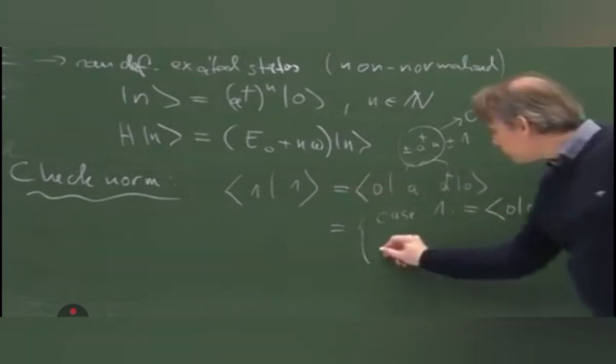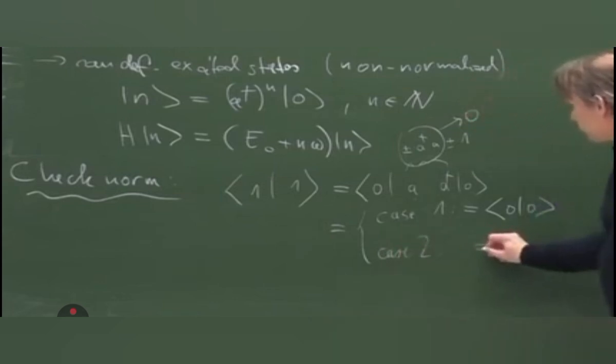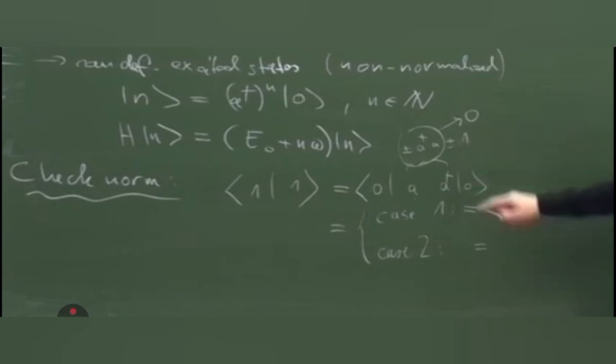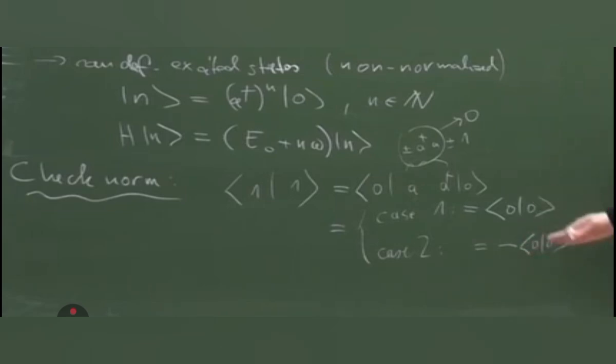But in case 2, we have here minus 1, and therefore our norm state 1, 1 is equal to minus the norm of the state 0, 0. And so that shows you now that our Hilbert space of states is not a Hilbert space in the second case. It's a vector space with a scalar product which is not positive definite.